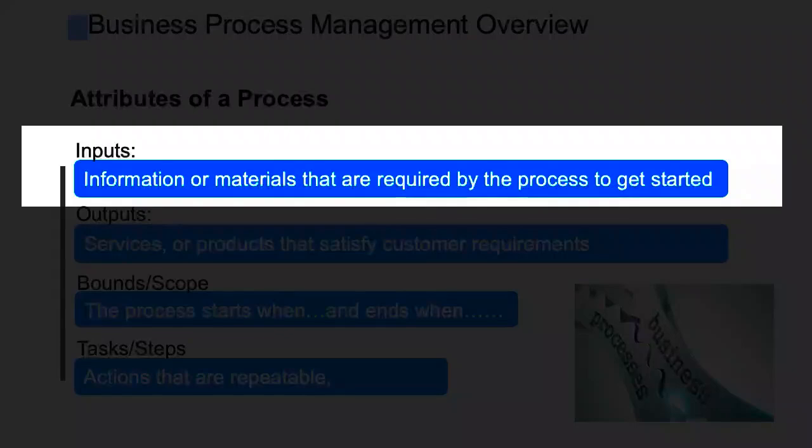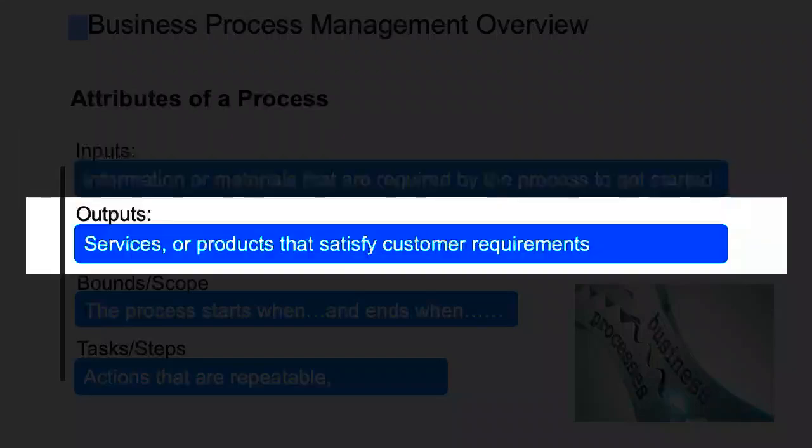That was the input. Every process should have a start and an end as well. Outputs are what the process produces, whether it be services, whether it be support, or an actual physical product, a widget. And it has to satisfy the original customer requirements.